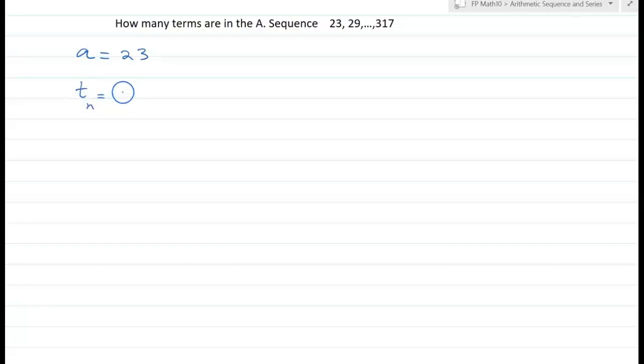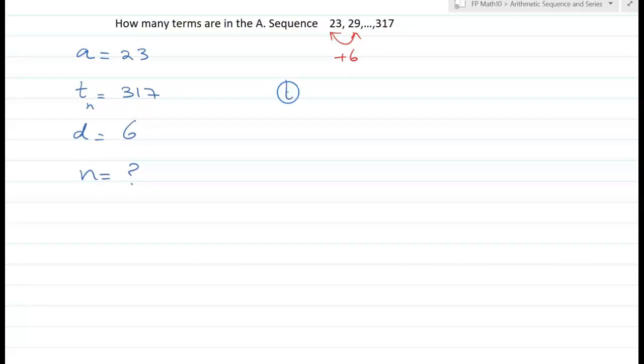Well, we know that Tn is 317. Do we know the common difference? Interesting. Yes, we do, right? We know that between the first and the second term, that would be plus 6. So we know that d is 6. The only thing we don't know is the number of terms.